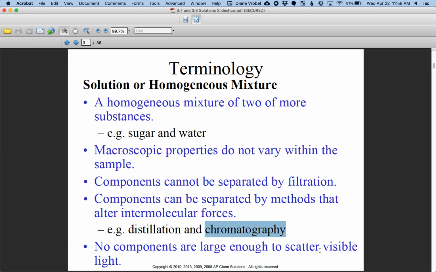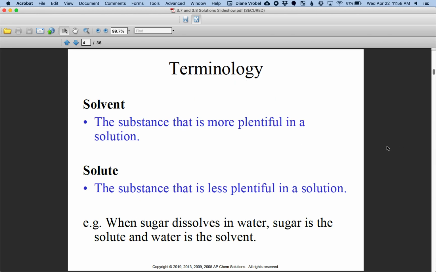The other thing is if you were to shine a light through it, and usually it's laser light, you should not be able to see anything that is being scattered.